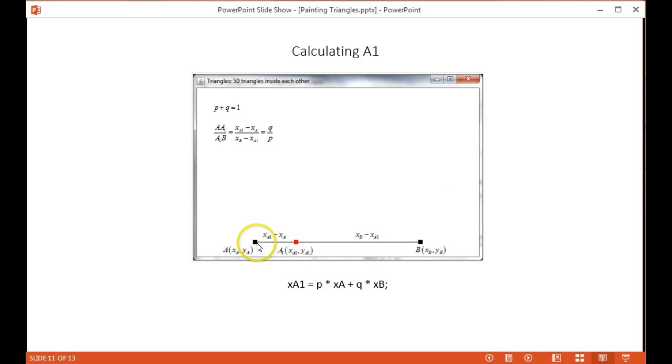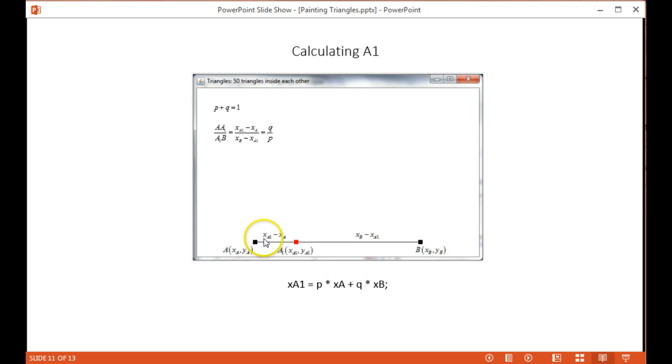What I have here is just the base of our triangle, and the points A, XA YA, and B, XB YB, and I'm just calculating this point A1, which is going to be the starting point for our inner triangle. So what do we know here?